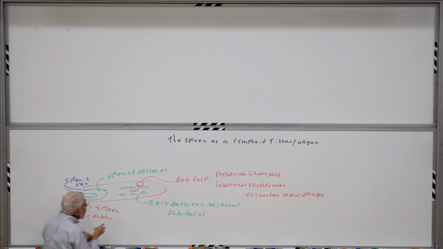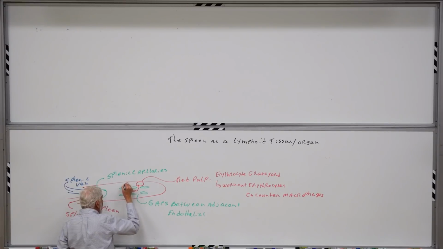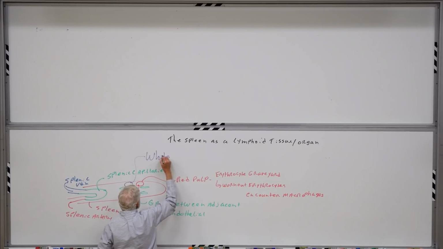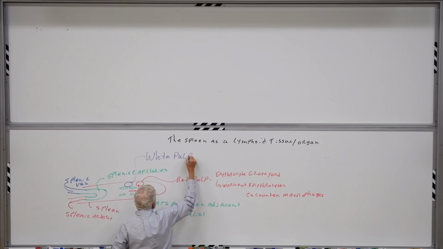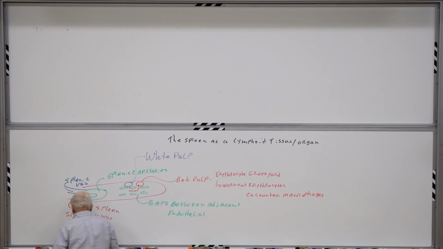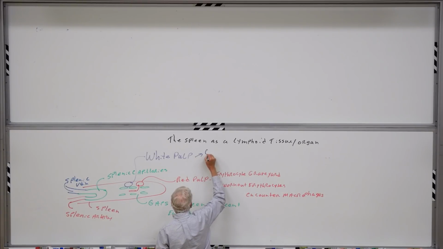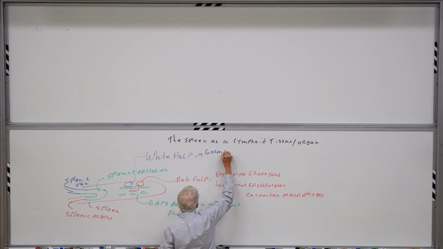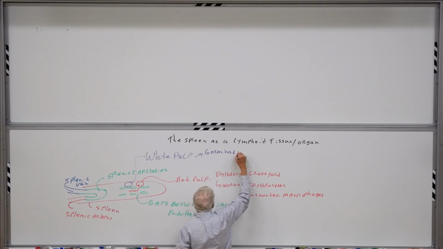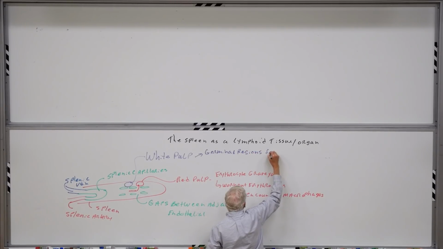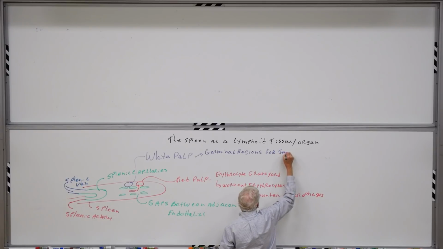But there's another region here in the spleen I want to talk about. I'll circle this in purple. And this is called the white pulp. Another way of referring to the white pulp is that these are germinal regions for immune cells.